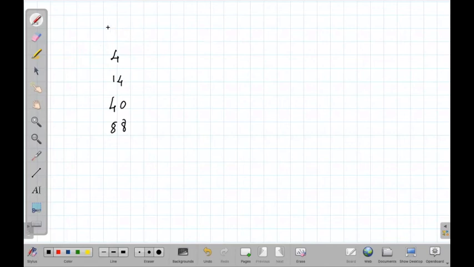So n cube plus f1 of n. And the next one is 3n squared plus f2 of n. That is 10, 26, 48.